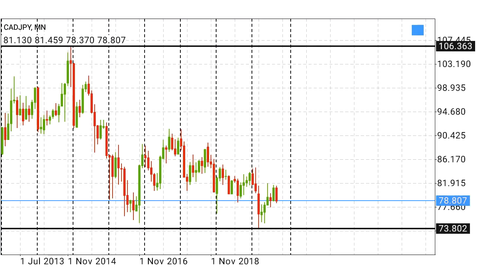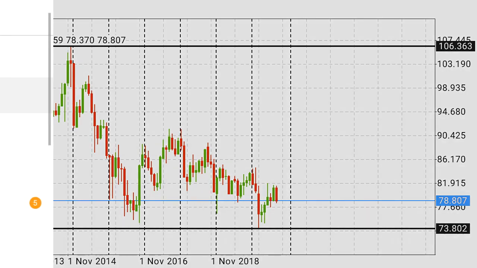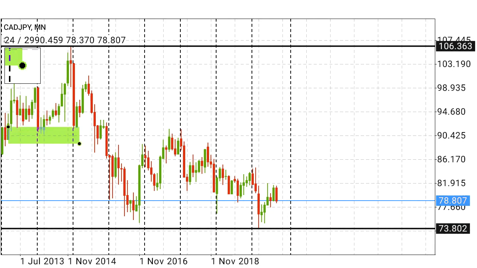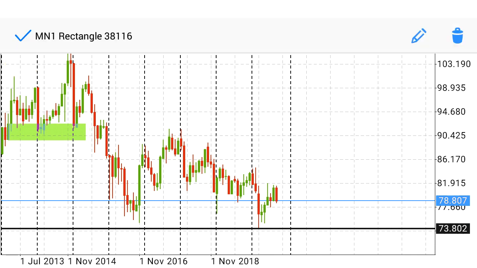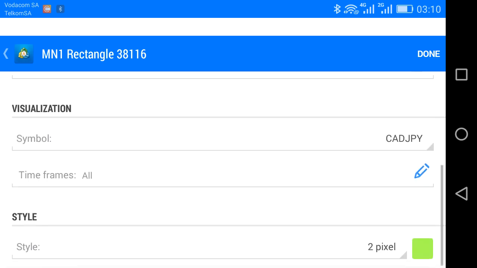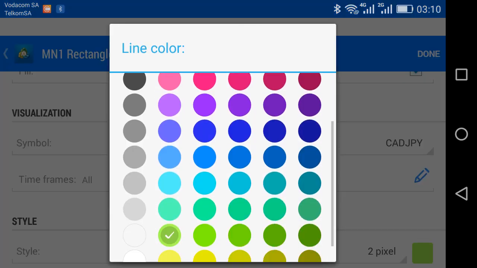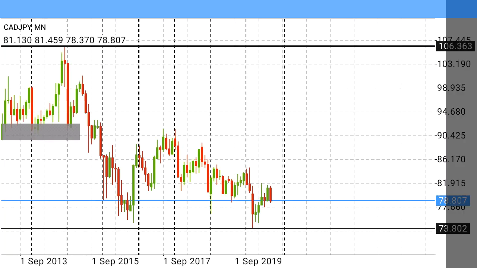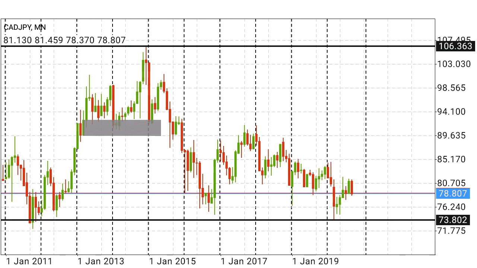Let me put it here, change the color and make it like this. Okay, guys, sorry. You see our zone.